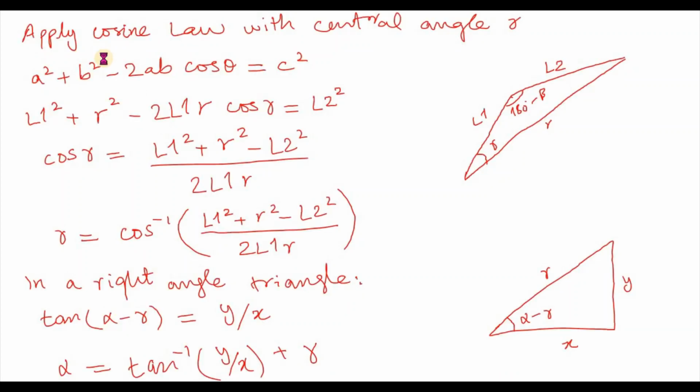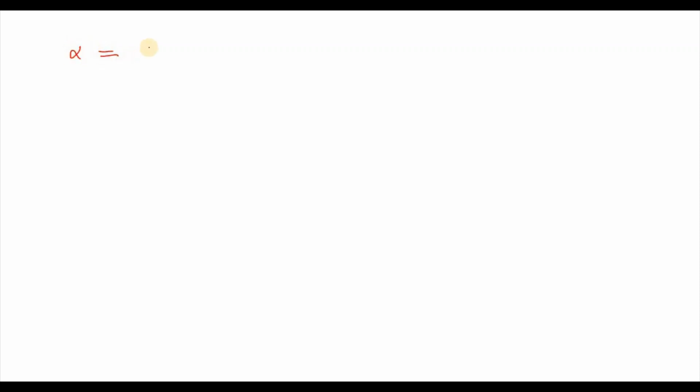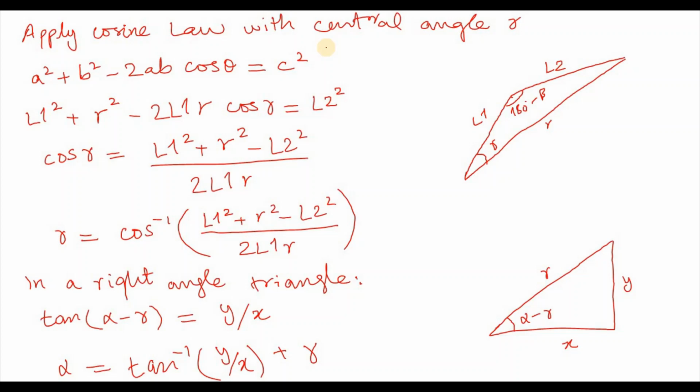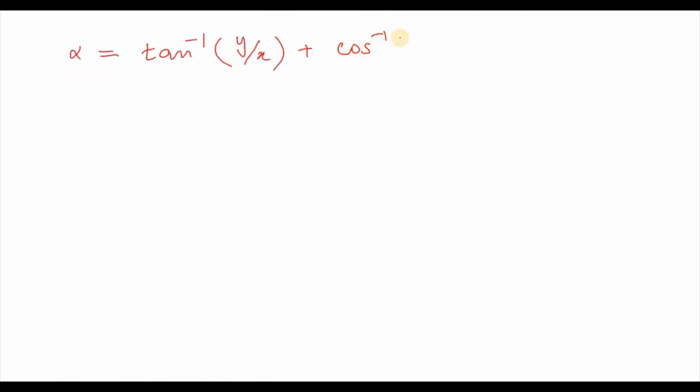So your final alpha will be tangent inverse of Y over X and then plus your gamma value, which is cos inverse of L1 square plus R square minus L2 square divided by 2L1 R. So this is how you can calculate the values of your alpha and beta angles.